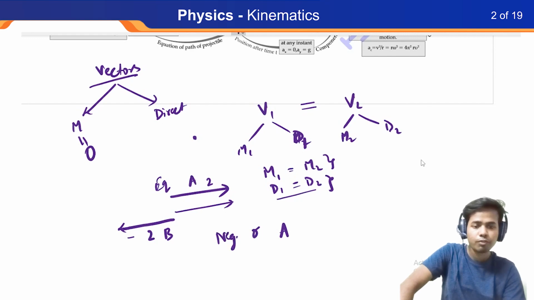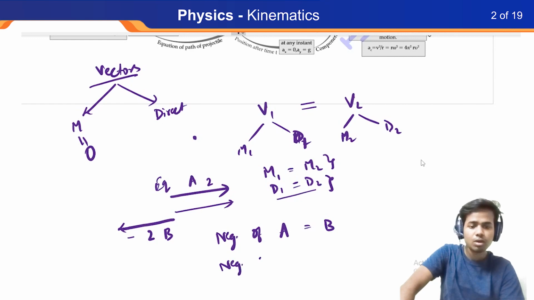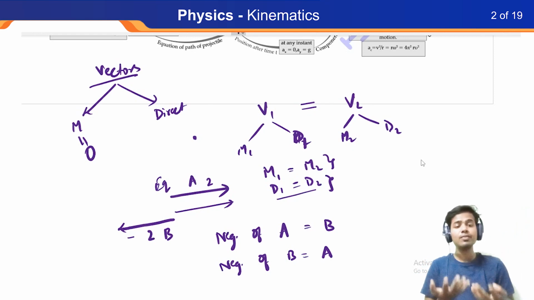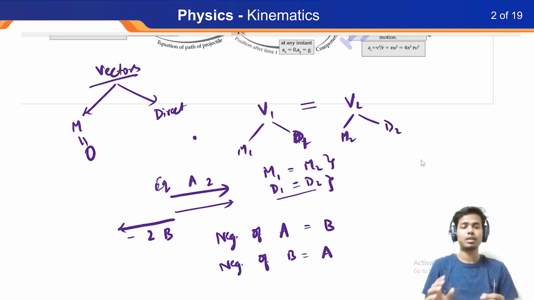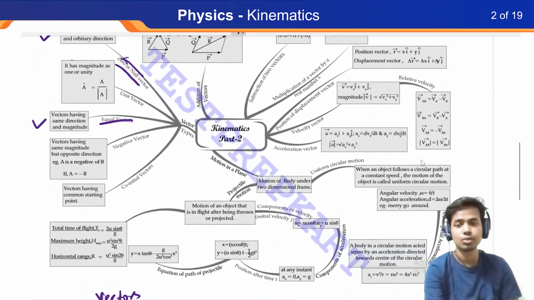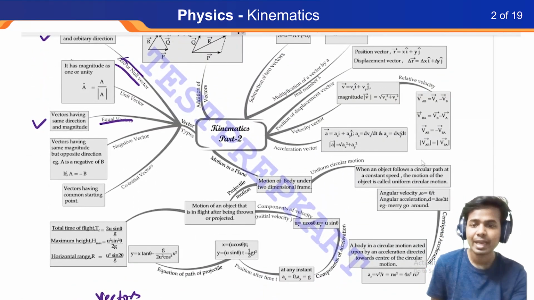Negative of a is equal to b. In the same manner, negative of b is equal to a. These are not negative vectors as such; these are just the negative of a particular vector. That is another vector having the opposite direction but the same magnitude.